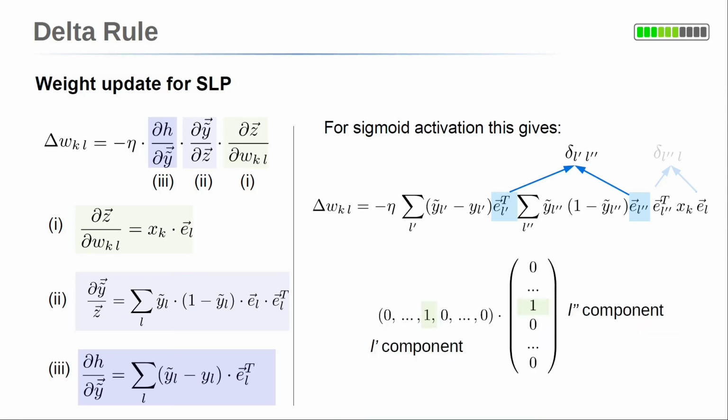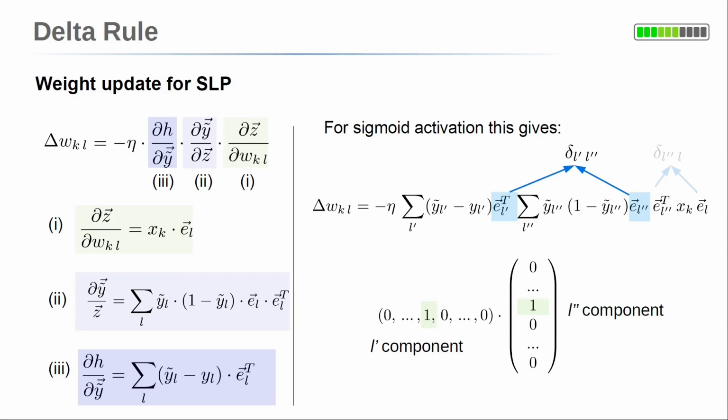So row times column. The first transposed unit vector, a row vector, has a 1 in the L prime component and zeros in all other components. The second unit vector, a column vector, has a 1 in the L double prime component and zeros elsewhere. The product is only non-zero if L prime equals L double prime.